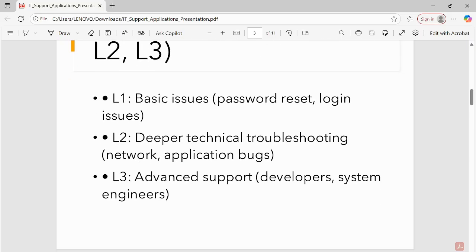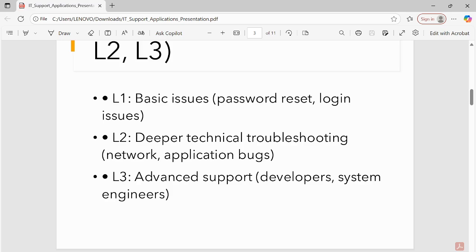For L3 support, you should have technical knowledge. Suppose there are applications related to enterprise content management, different types of applications in which users work.